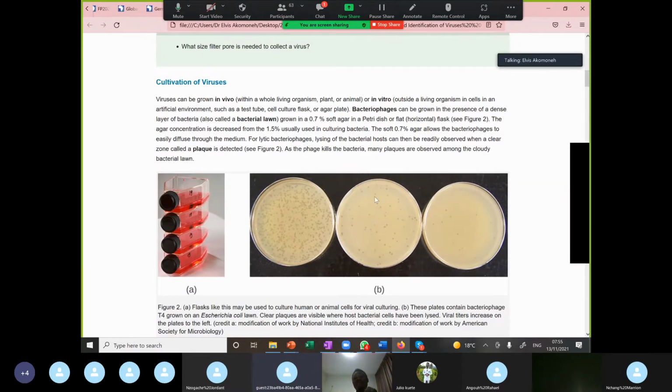Now, as I said, this plaque represents an area where a virus infected a bacteria and the bacteria could not grow. So we have a clear zone there. If we count this number of clear zones, we can tell you how many viral particles were in our solution by expanding it to the volume of the inoculum. So you see here that there were more viral particles here than here.